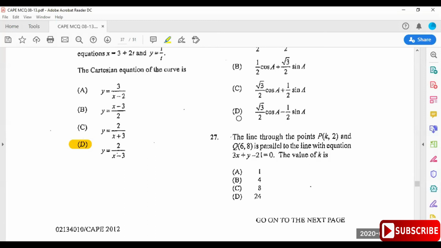So we have a line, and that line contains P and Q. I'm just doing a rough sketch. P is the point (k, 2) and Q is the point (6, 8).